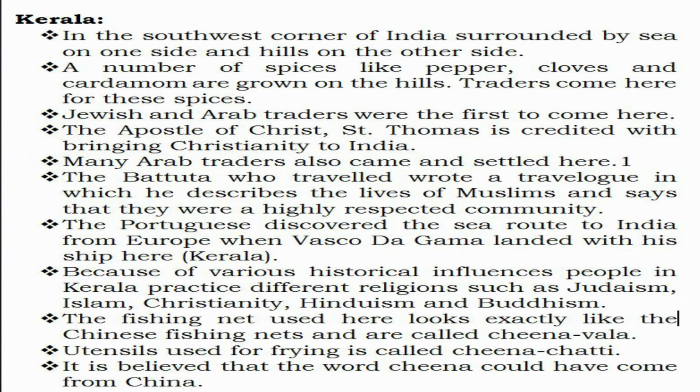Okay, now even the utensil used for frying the fish is called China Chatti. Okay, ऐसा माना जाता है कि जिसमें वो जो फिश फ्राई करता है, वो जो बर्तन है, उस बर्तन को क्या बोलते हैं? चीना चट्टी. Okay, now come to this, they are telling that this word China Chatti has been derived from China.